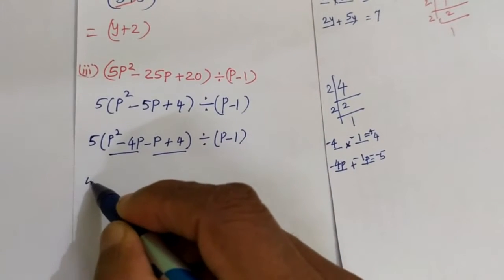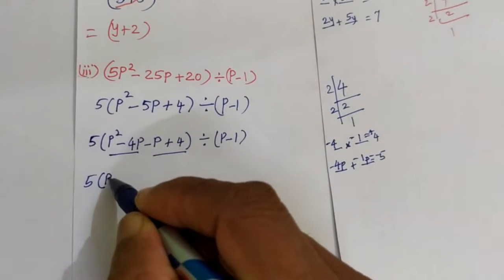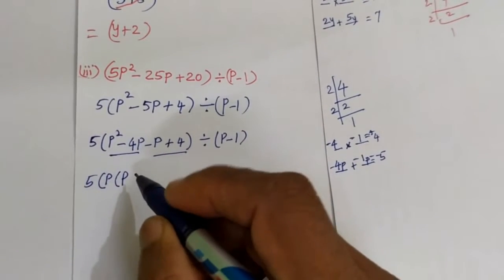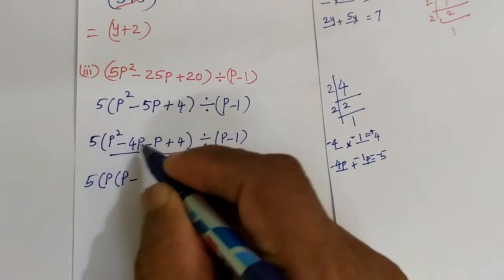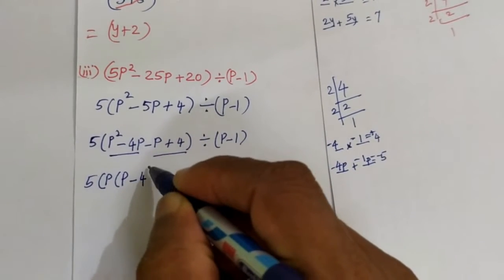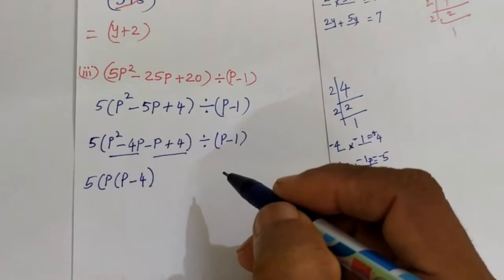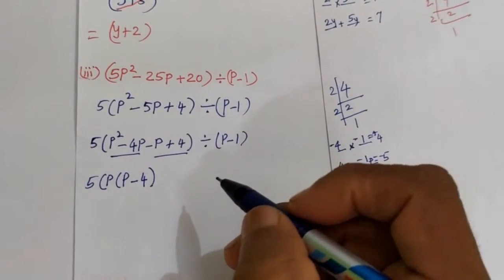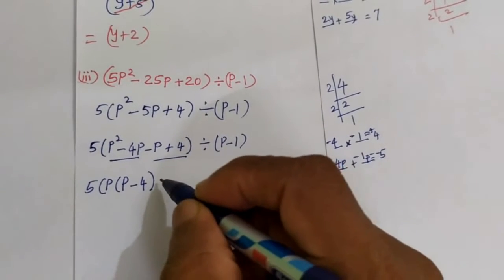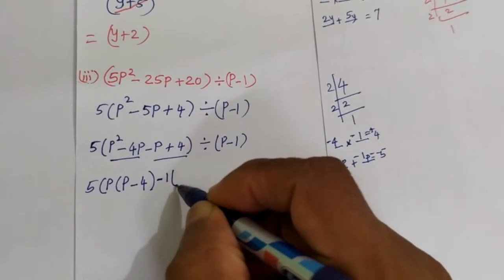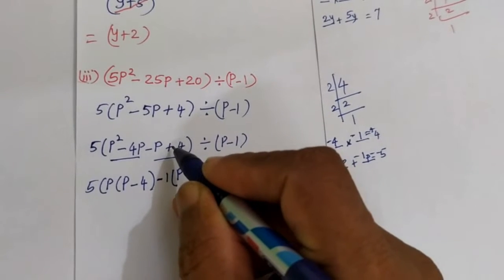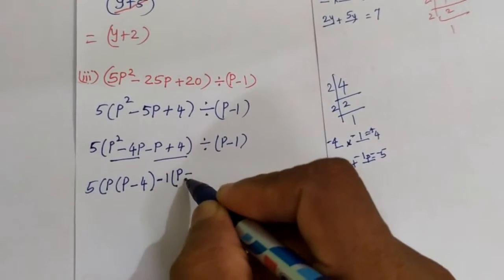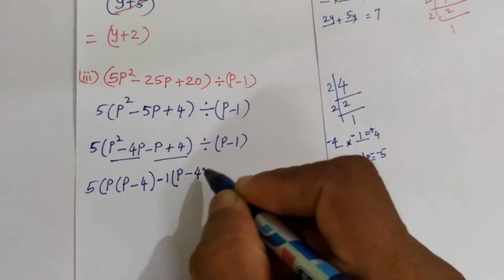So 5 into the bracket p into p, this p you take 1 outside, it will be 1 in the bracket, minus, here p is common, therefore 4p minus 4, and here what is common? Minus and 1. So it is p, and here it is minus. Minus into minus is plus. Therefore it is p minus 4.